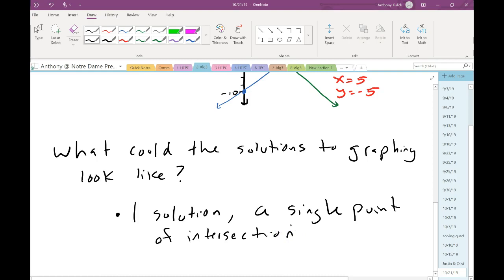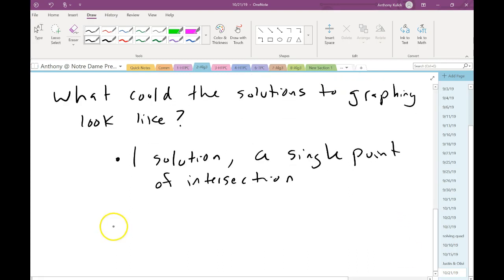But what else could happen if we have two lines? You have 2 points of intersection? Okay. Do we have a name for that? Yeah, so that would make 0 solutions.